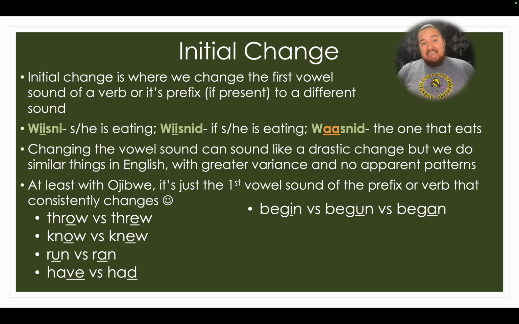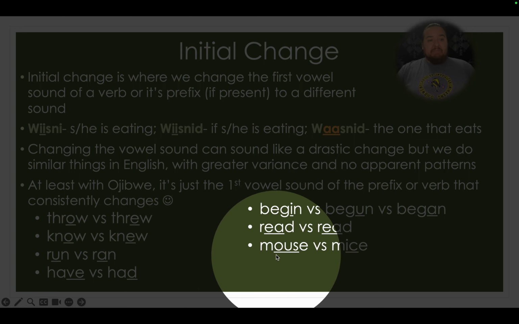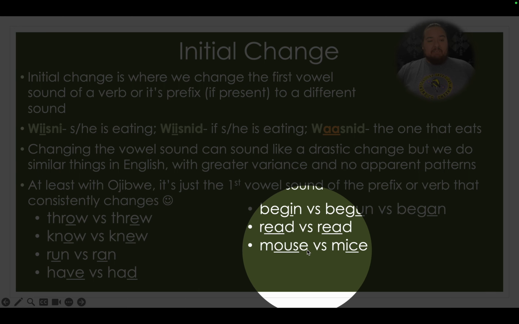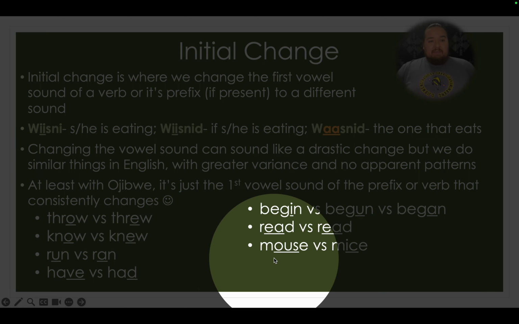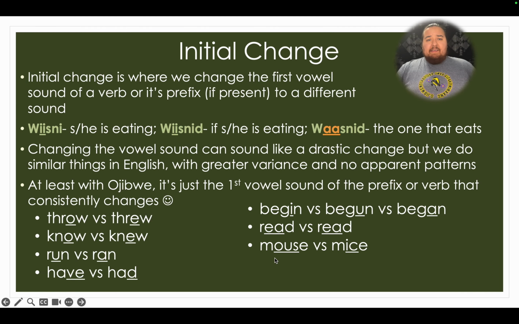And we're changing the last vowel sound as opposed to the first. Read versus read. Again, changing the first vowel sound, but it's spelt the same. Mouse versus mice. So for this example, we not only changed the first vowel sound, but the last consonant sound as well.